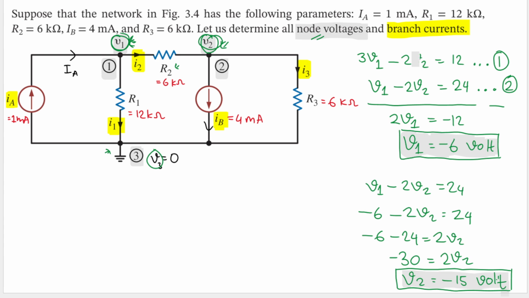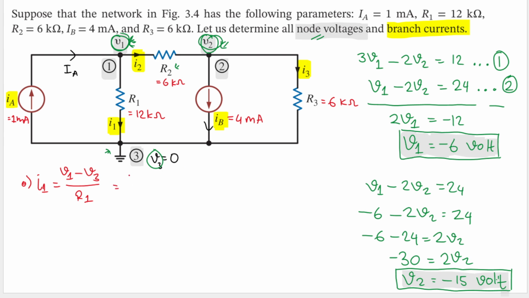Okay, but then we still need to find the branch currents. Let's do that. What is I1 here? I1 is equal to, remember, V1 minus V3 divided by the resistance between them, which is R1. What is V1?